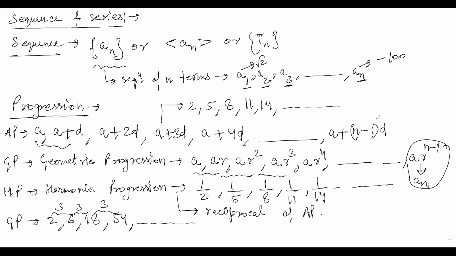If you ask what is a geometric progression, there must be a common ratio. If you divide any two consecutive terms, that is the next term by the previous term, that ratio must be the same for any two consecutive terms. Then you can safely say that this sequence is a geometric progression, a GP, right?